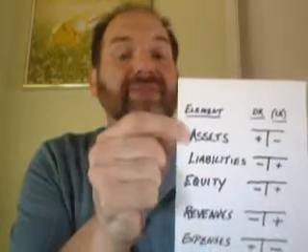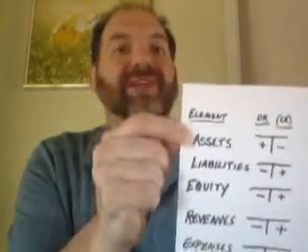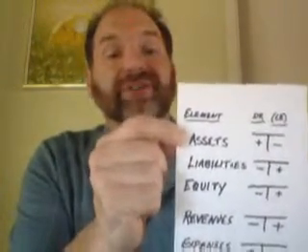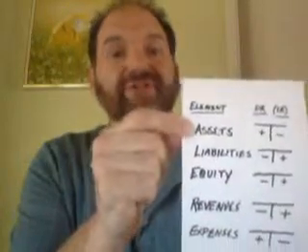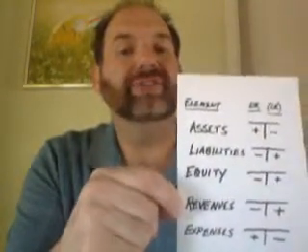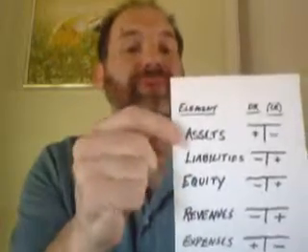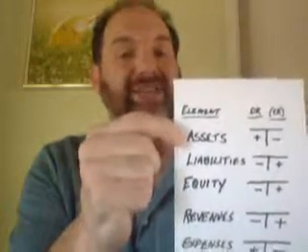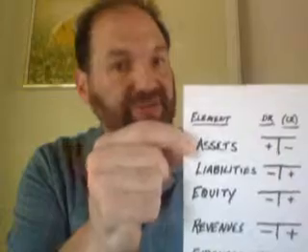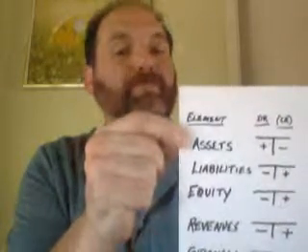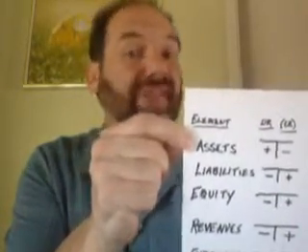Now let's say you earn the money, but the person doesn't have the money to pay you, so you put it on your accounts receivable. Then you debit your accounts receivable, you credit your revenue. And then when the person pays you, you credit the accounts receivable, which brings the accounts receivable to zero, and you debit cash because you got the cash.